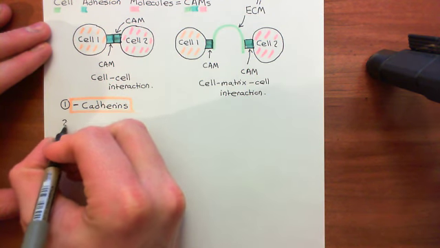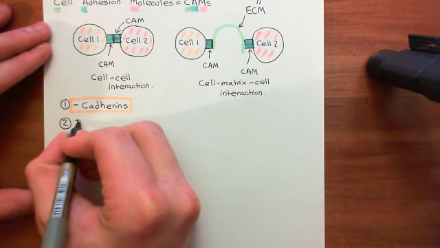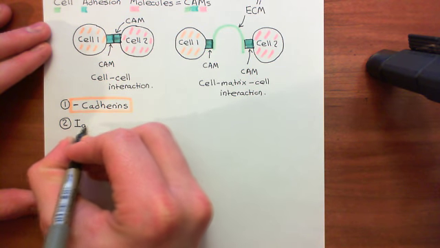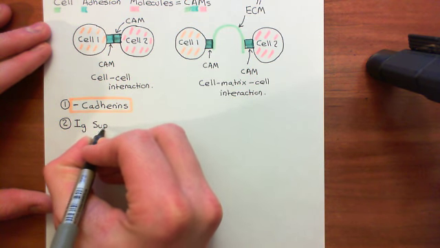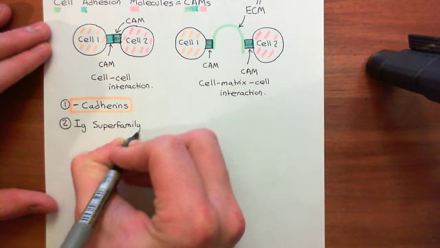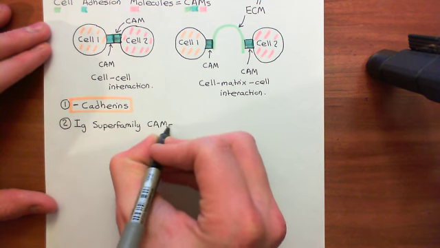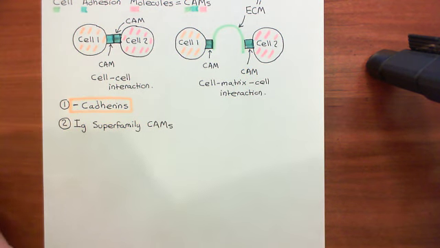Then let's go to superfamily number 2. This is what's known as the immunoglobulin superfamily cell adhesion molecules. Notable examples are, for instance, ICAM1 and VCAM1, which are on the surface of immune cells, so they're very important in the immune system.